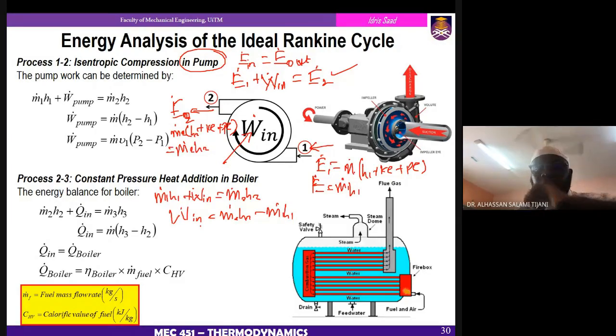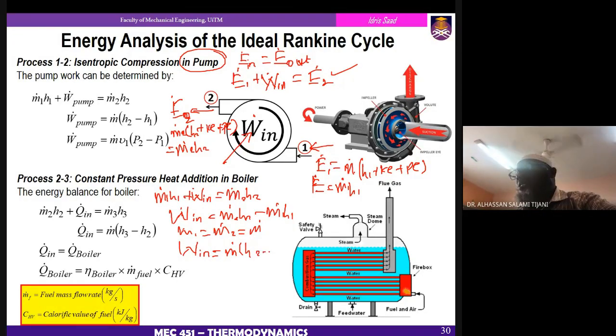But for steady state condition, M1 equals M2 equals M. So we have W in equals M times bracket H2 minus H1. We have done this already in chapter 3, so it's just a recap.